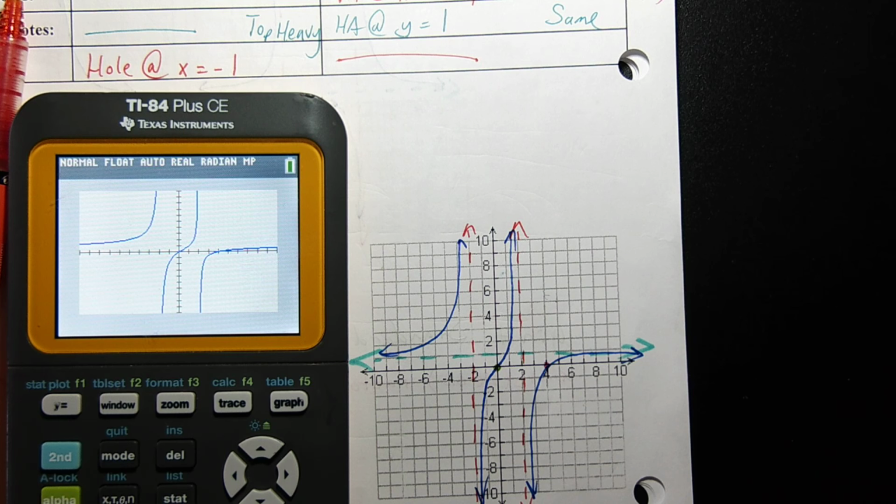All the horizontal asymptotes really do is show us what the end behavior is going to do. As we go infinitely to the left, this will level off towards positive 1. And as we go infinitely to the right, that will also level off at positive 1. So because that asymptote isn't a restriction, it is okay that this little middle portion is crossing it.